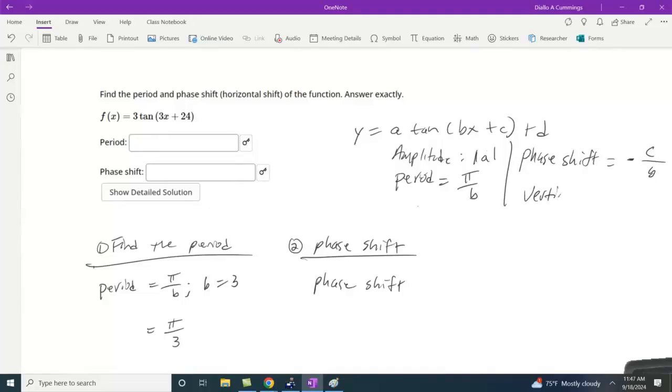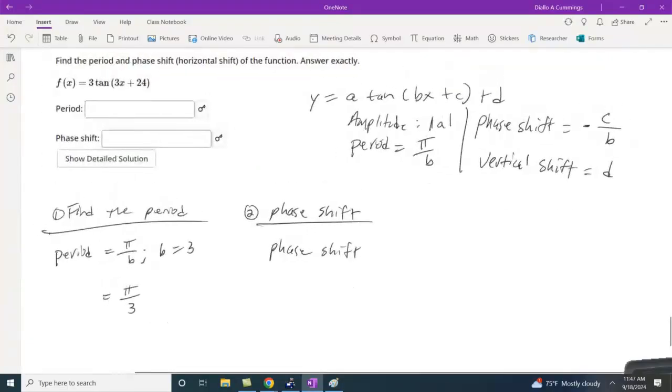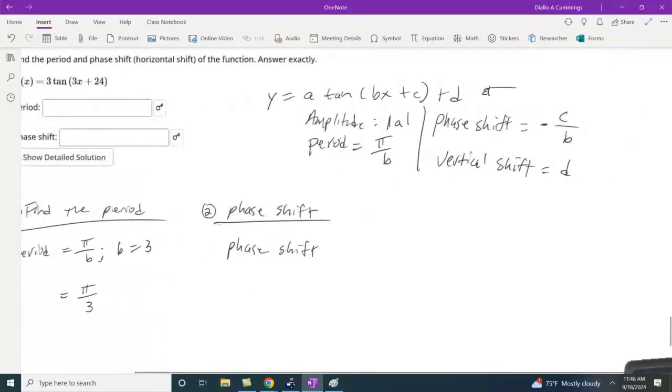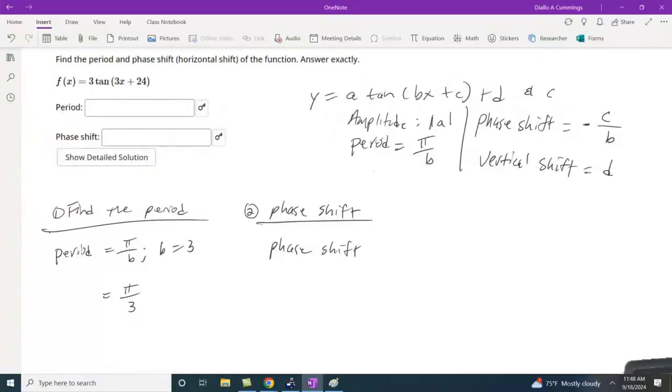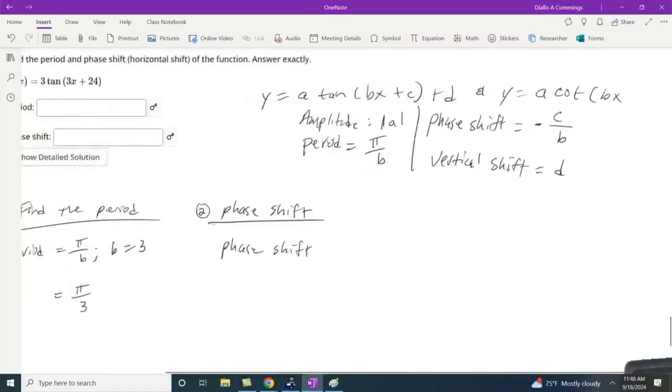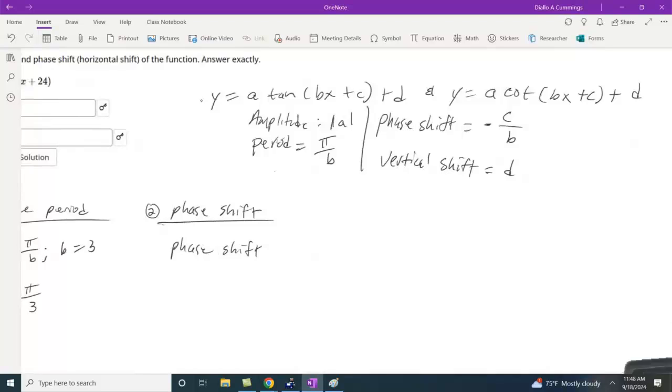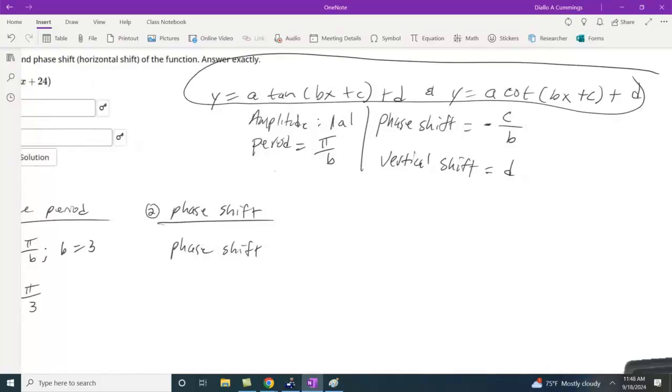And then the vertical shift is equal to d. This is true for both the tangent and the cotangent. So let me just write that out. All right, so that's for both the tangent and the cotangent.